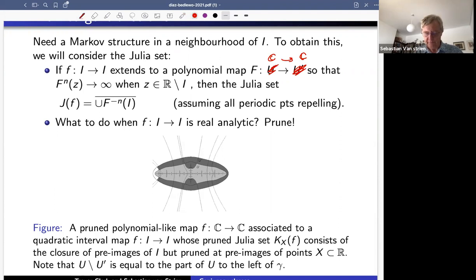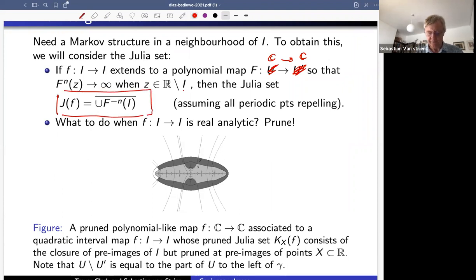And so if you're outside the interval, but still in the real line, then you go off to infinity. Well, then in fact this, the filled Julia set, it doesn't really matter, is equal to this set here.